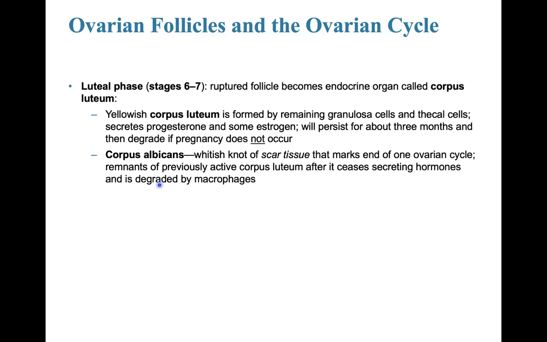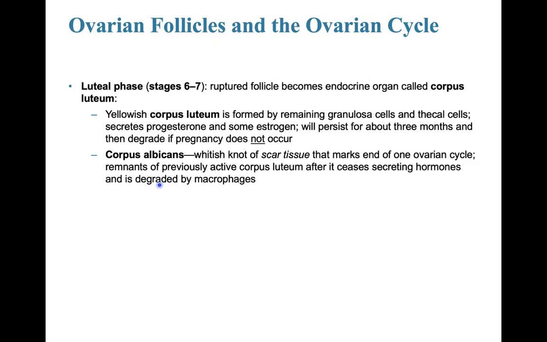During the luteal phase, which is stages 6 and 7, the ruptured follicle becomes an endocrine organ called the corpus luteum. The yellowish corpus luteum is formed by the remaining granulosa cells and thecal cells. These will secrete progesterone and, in some cases, estrogen, and will persist for about 3 months and then degrade if pregnancy does not occur.